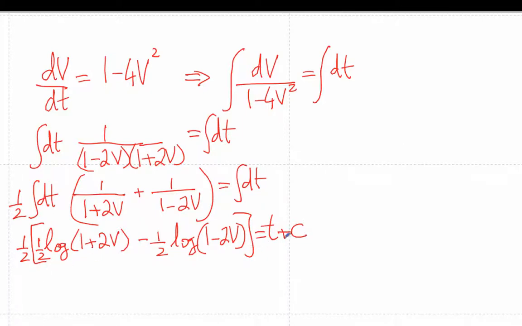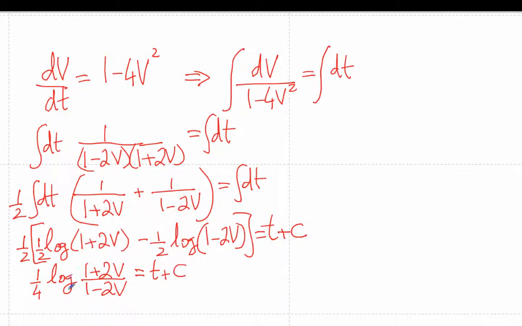We're going to determine that constant from the initial condition. Well, let me write this now as log of 1 plus 2v over 1 minus 2v. That's because log of a minus log of b is log of a over b. There's 1/4 out here. I've taken both the halves out, and this is equal to t plus c.